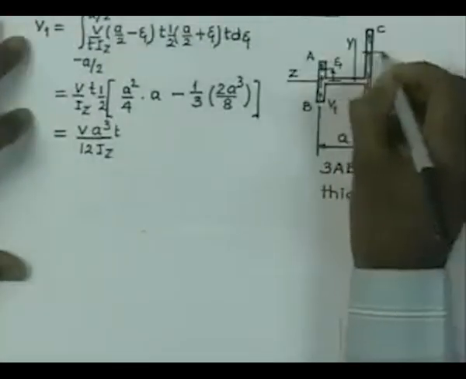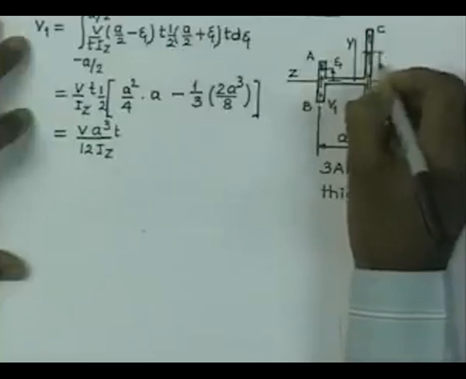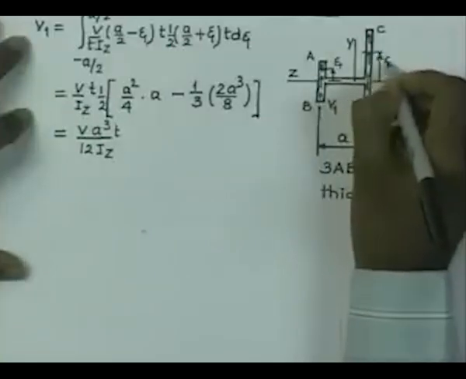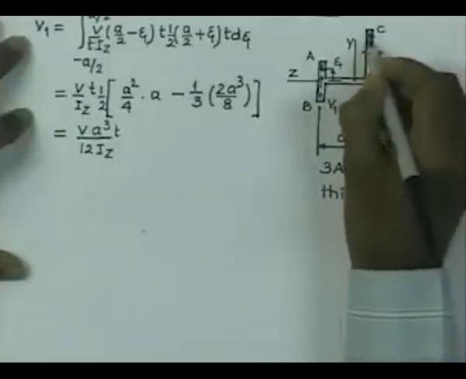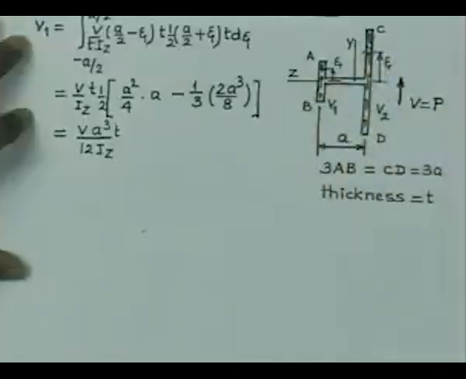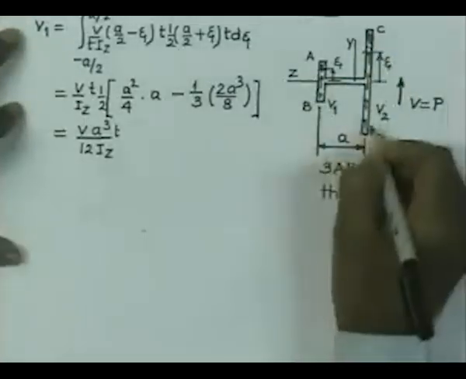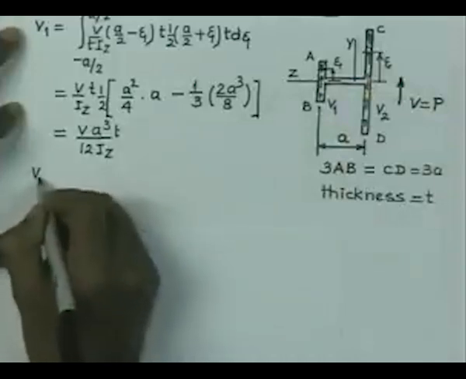So, you can take again a fiber at a distance of xi and take the Q corresponding to this portion, and hence you can calculate the sum total of the forces, which is V2.